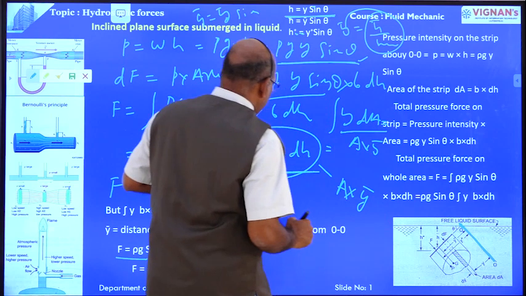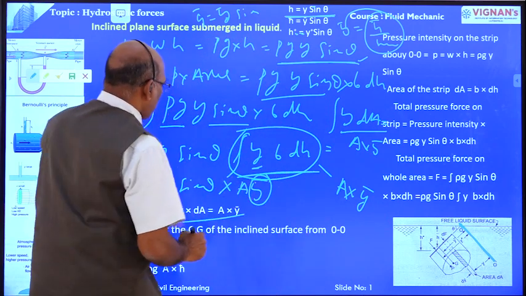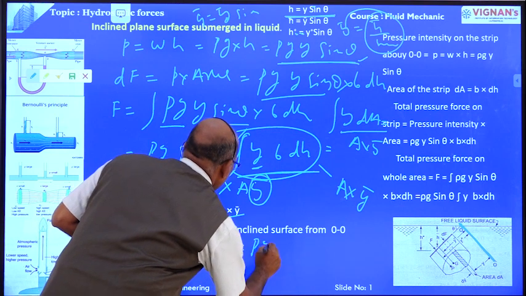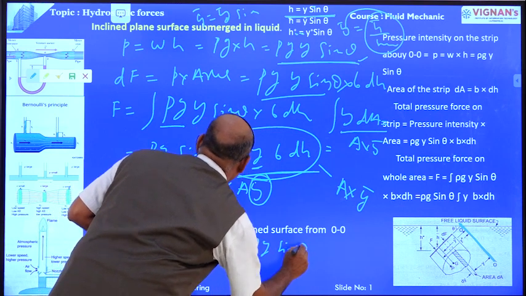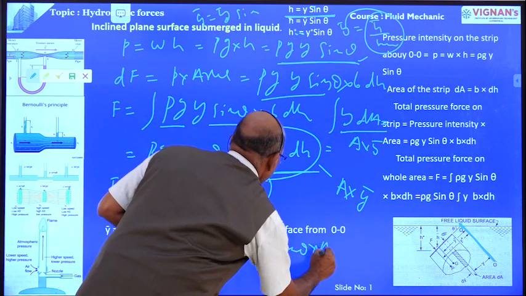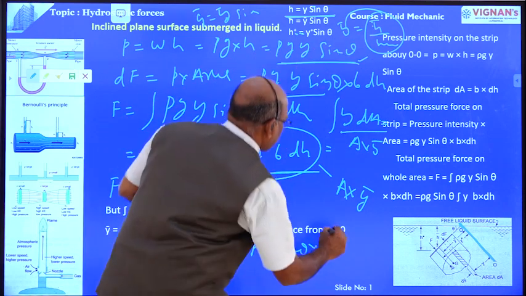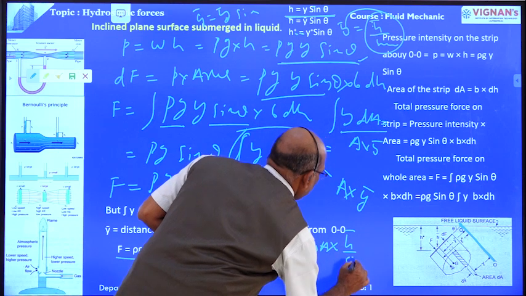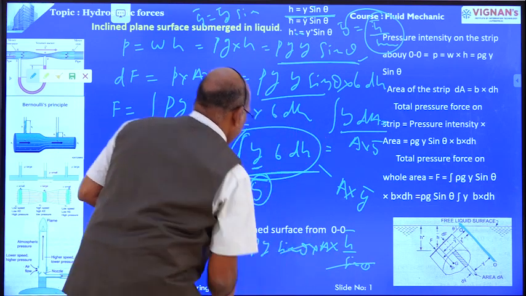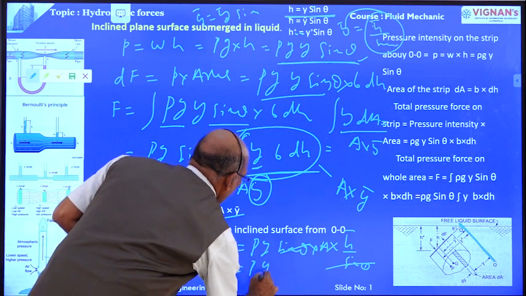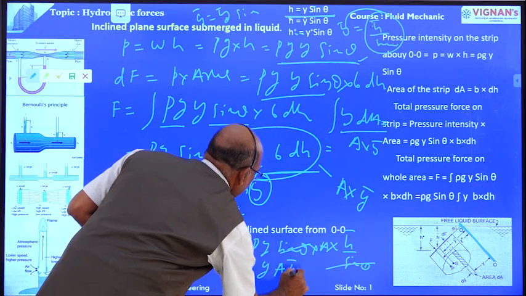In place of y bar, we take h bar by sin theta. F is equal to rho g sin theta into A into h bar by sin theta. Sin theta gets cancelled. Therefore, force F is equal to rho g A h bar.